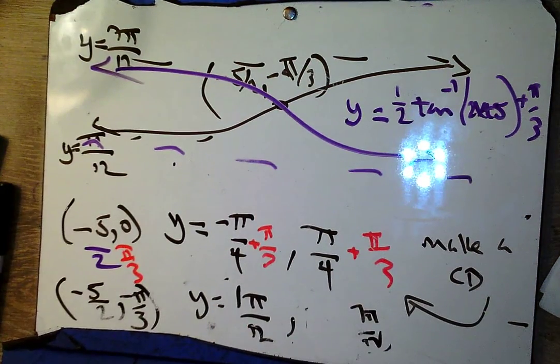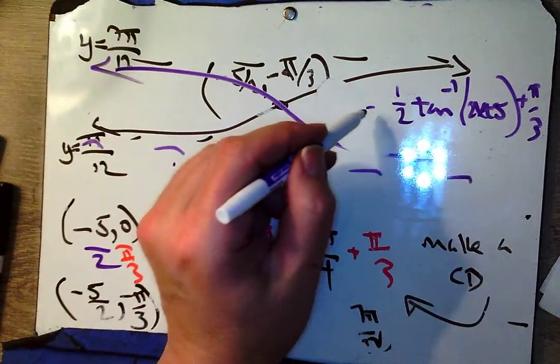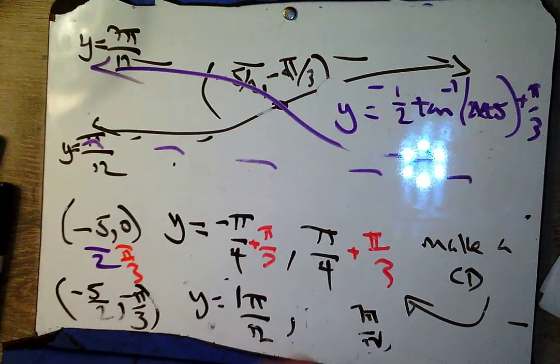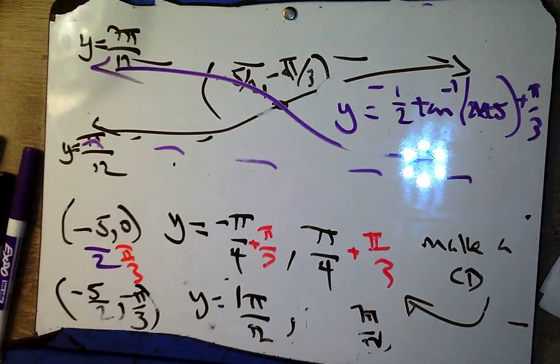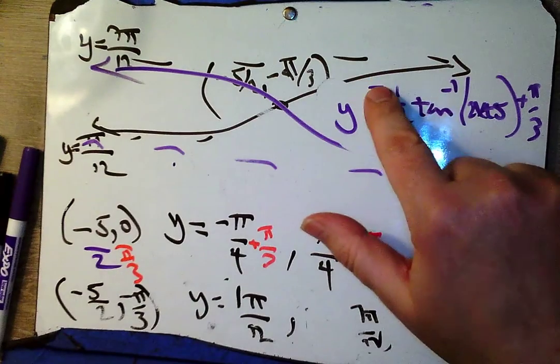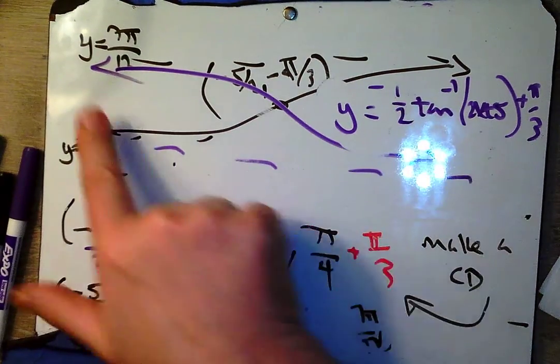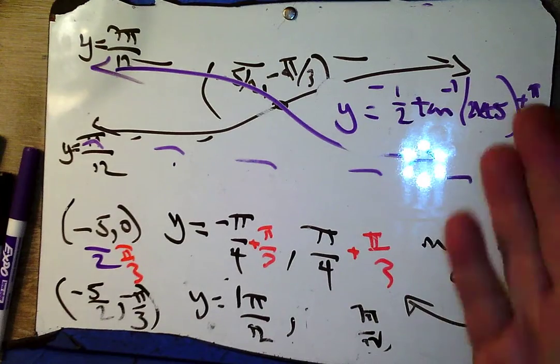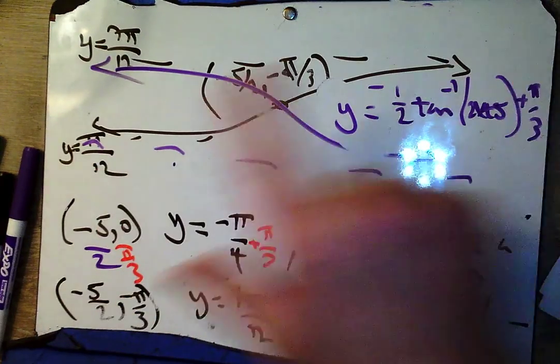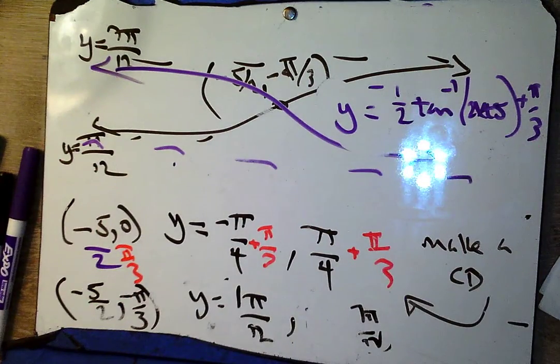Okay, so what has to happen to this function to make this purple graph? And the answer is pretty easy. We just multiply that leading term by a negative. So if I see a negative inverse tangent, we're going to have this shape. If we have positive inverse tangent, we're going to have this shape. Okie doke.